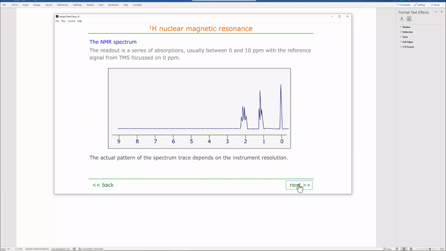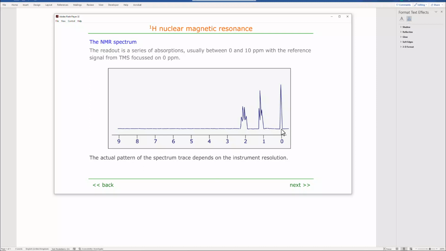So what we get are absorptions appearing on a spectrum, reading from right to left, 0 to usually around about 9 or 10, although we can have values up to about 16. These are called parts per million. It's parts per million of the energy required to resonate the tetramethylsilane hydrogen nuclei.